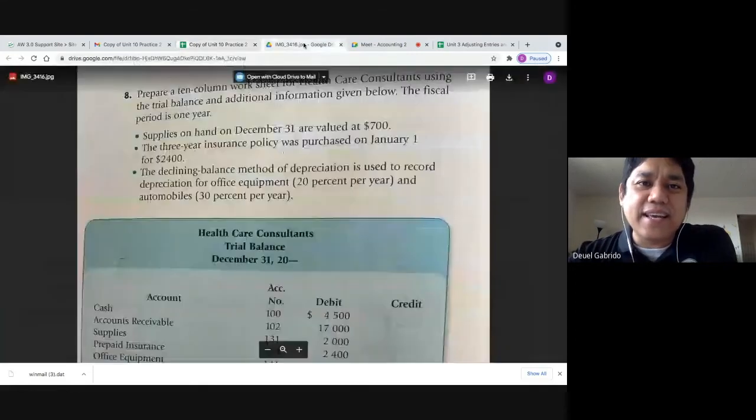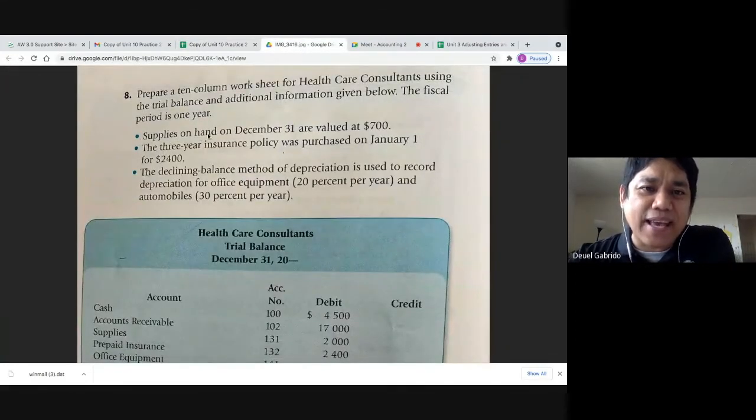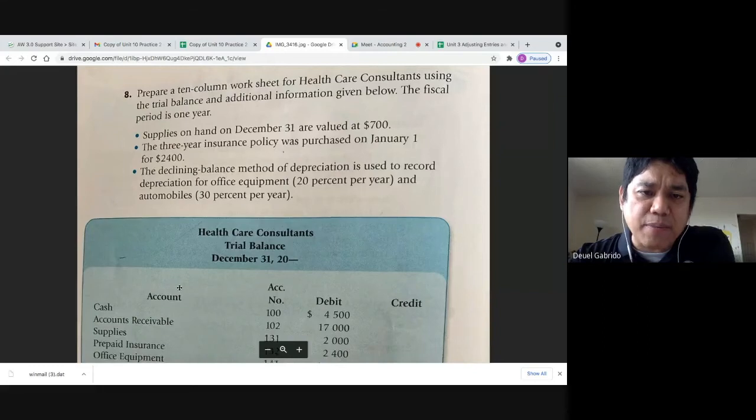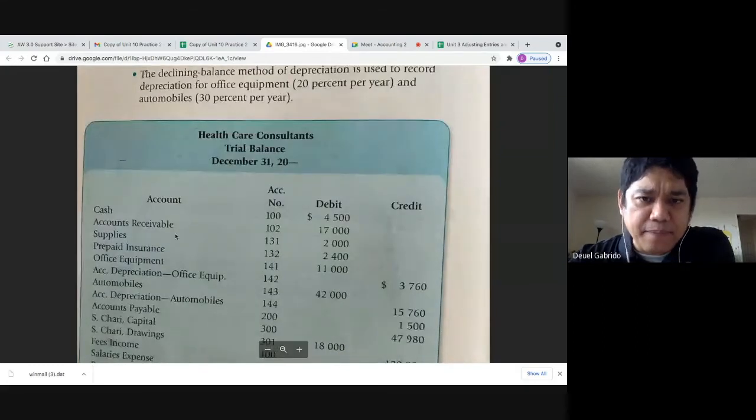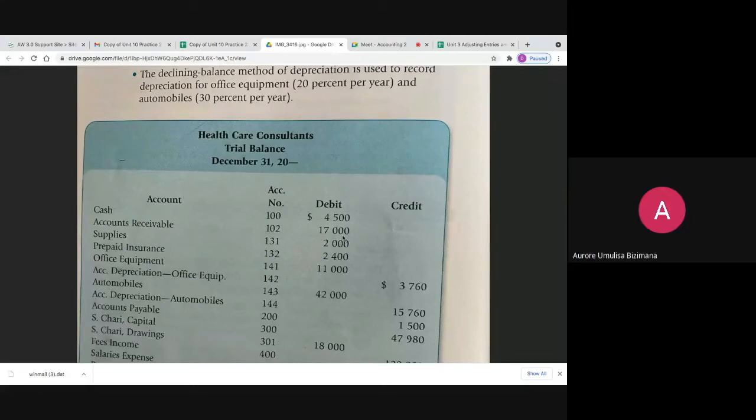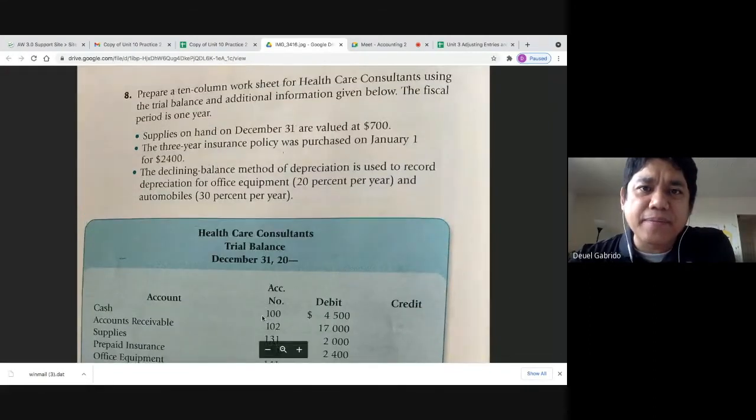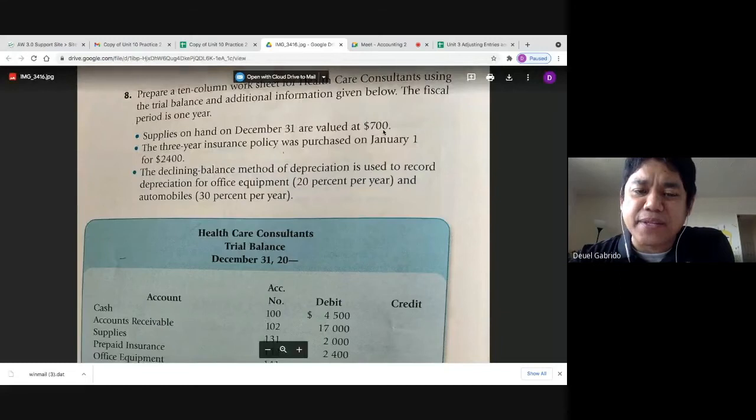So let's see the adjustments. Supplies on hand on December 31 are valued at $700. How much are the supplies at the beginning? We have 2,000 here. But at the end of the year, it became 700 only.